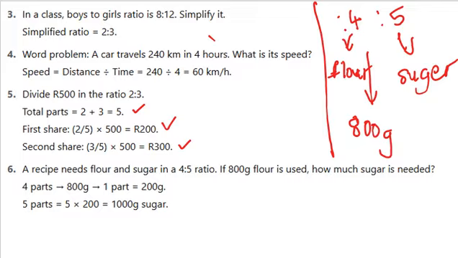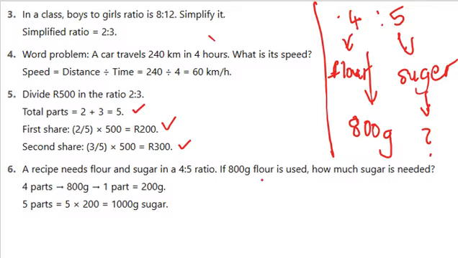If this 4 corresponds to 800 grams, how much should we expect of the sugar? That's what the question is asking. Okay, simple. So it means that we have 4 parts or 4 units that gives us 800 grams, and you have 5 parts that we want to find. We want to know what 5 units of sugar corresponds to.